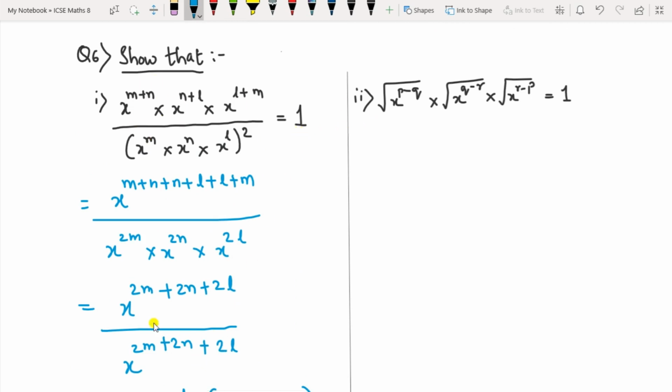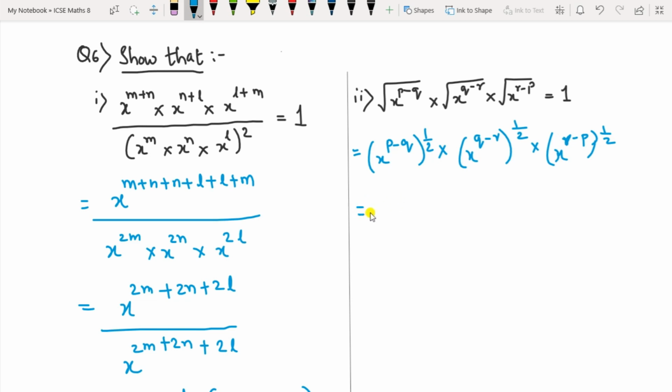Okay. So now this second question is, since I have told you that this square root means 1 by 2, so x raised to p minus q raised to 1 by 2 and x raised to q minus r raised to 1 by 2 into x raised to r minus p raised to 1 by 2, and solving this equation the answer should be 1.